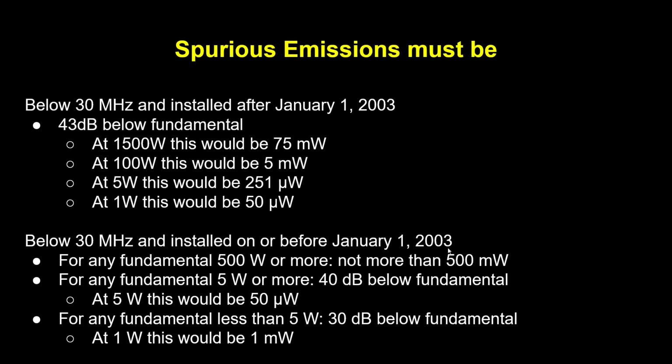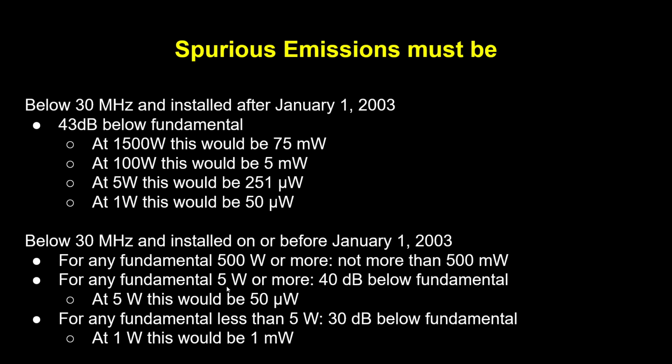If you're fortunate enough to be working with a station that's installed before 2003, then it's a bit more lenient and slightly more complicated. So for any fundamental, if you run 500 watts or more, then it cannot be more than 500 milliwatts.